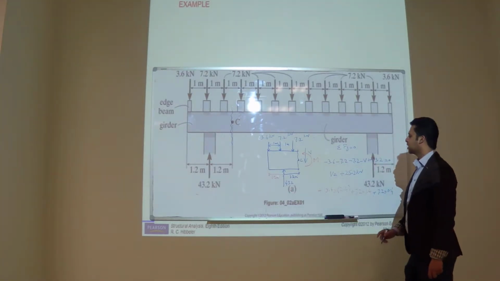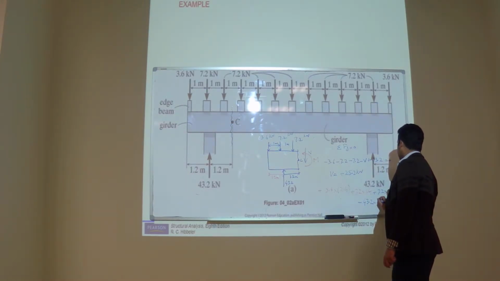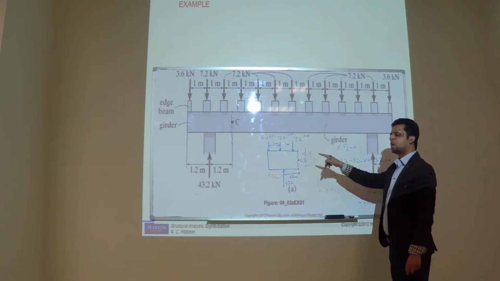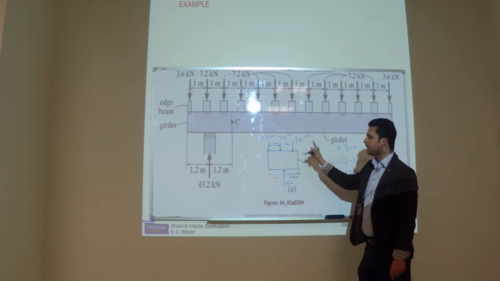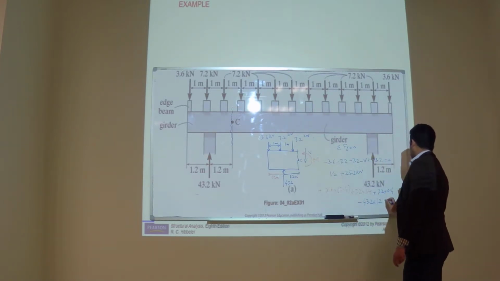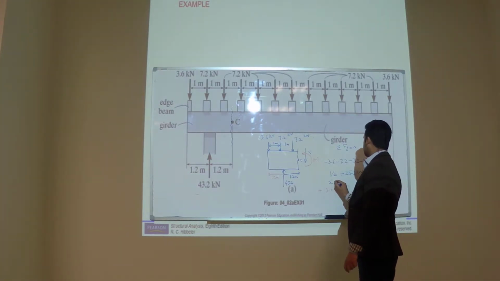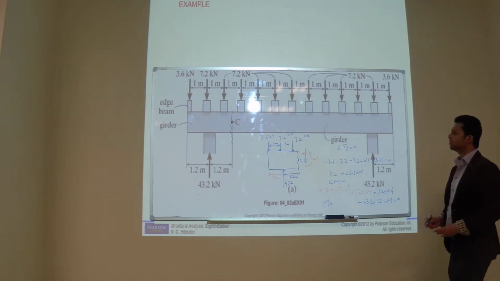Minus 43.2 multiplied by 1.2. This force produces clockwise, so it is negative. And it will be plus MC, plus M equal to 0. This is sigma M equal to 0. So you can get M. How much is M? Just solve this equation.